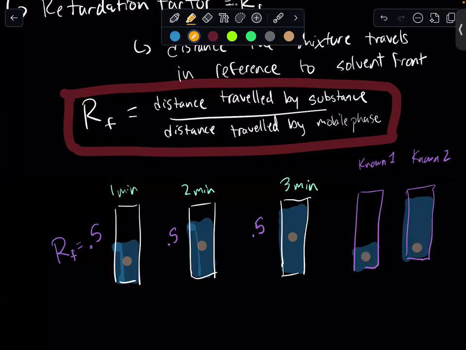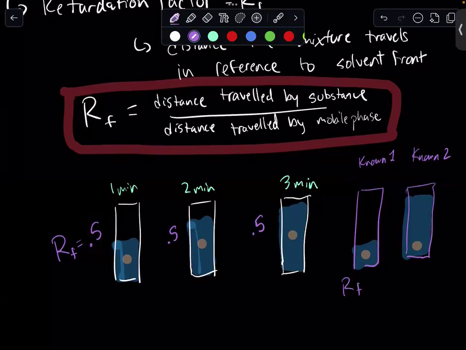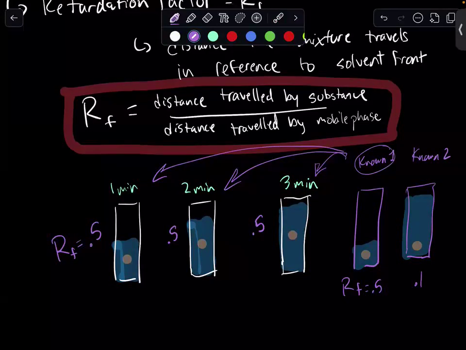It looks like the solvent still moved the same distance, but it really didn't. From known 1, our retention factor would be 0.5, but our retention factor for known 2 would maybe be 0.1. And so we know known 1 is our unknown sample here. This is some stuff that you're going to have to get used to doing and analyzing. You will need to know how to read a chromatogram. And so I hope this section helps.